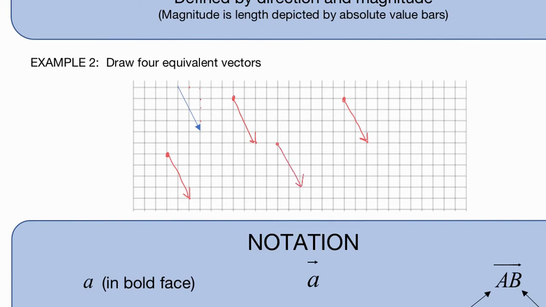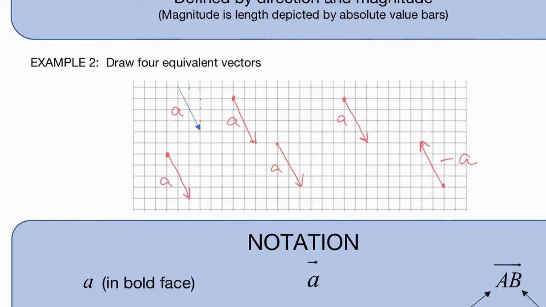If I labeled this one A, then this is also A, and this is A, and this is A. Now what if I drew this? Any guesses what I might call that? You're absolutely right, that is negative A. It has the opposite direction, but the same magnitude.